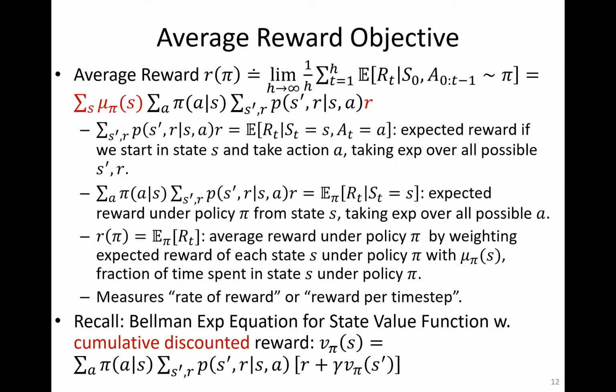If you compare this to the Bellman expectation equation for a state value function with a cumulative discounted reward, the differences are: first, because average reward is a one-step reward average, we're not adding the additional future term. And also this part is different. This average reward is over a policy for all states, averaged over all states, whereas this V pi is for a single state.